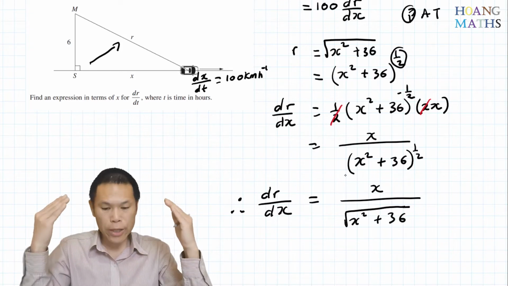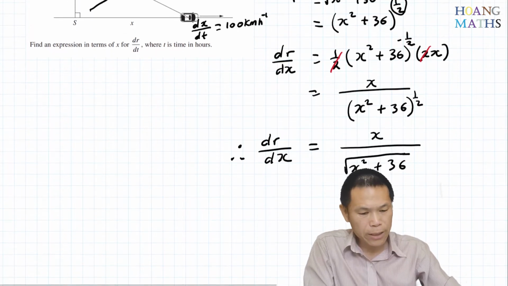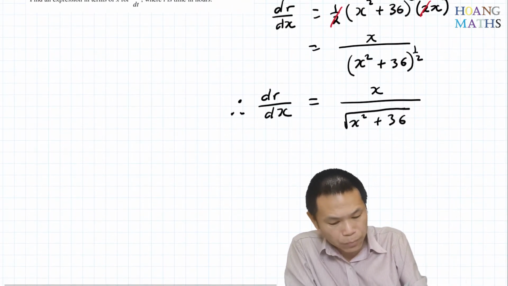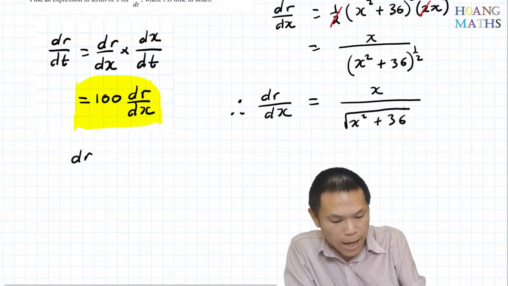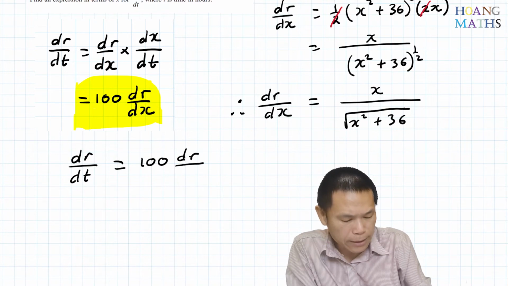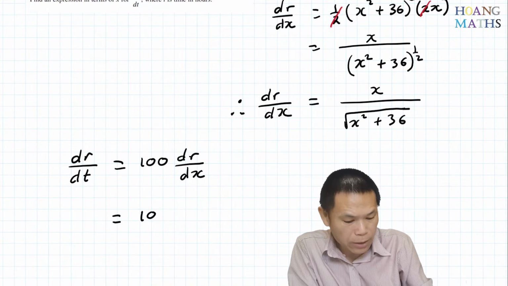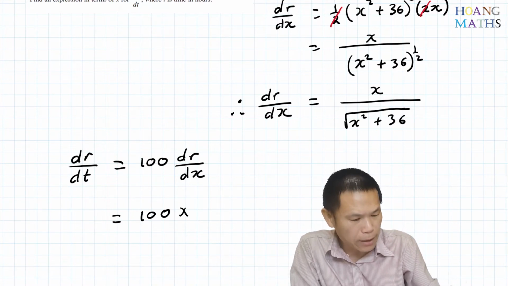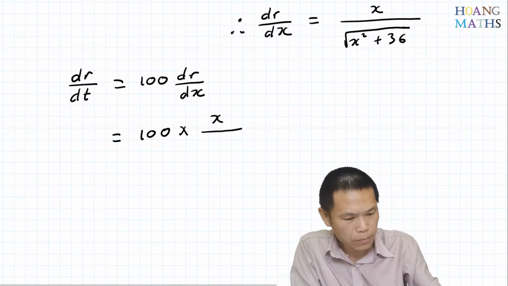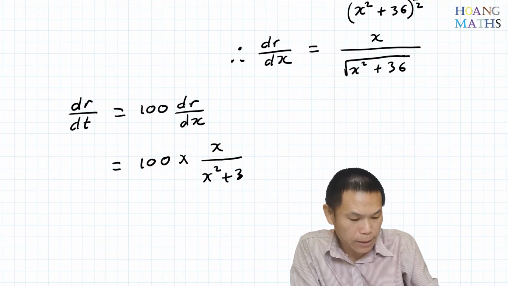There you go. So now we can find dr/dt. Let me rewrite this. We know from earlier that dr/dt is equal to 100 times dr/dx. So 100 times dr/dx is 100 times x over the square root of x squared plus 36.